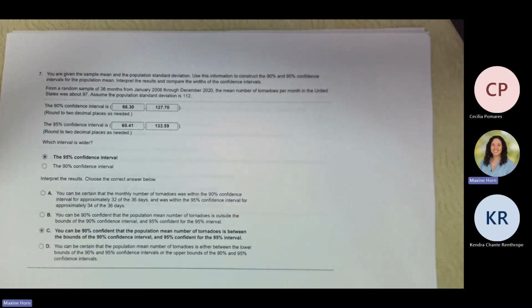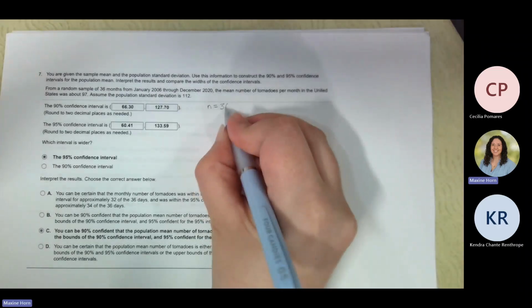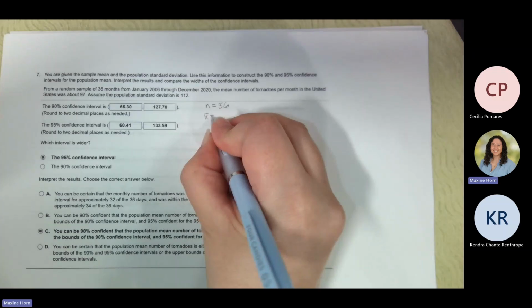Okay, so from a random sample of 36 months, random sample, that's great. And we have 36 months, so our n is greater than or equal to 30, so that's great. From January 2006 through December of 2020, the mean number of tornadoes per month in the United States was about 97. So from that sample, the mean was 97.